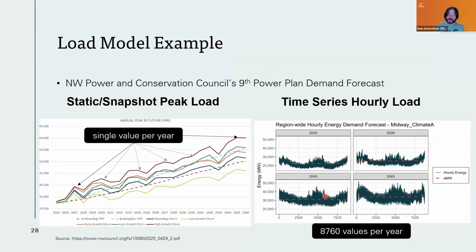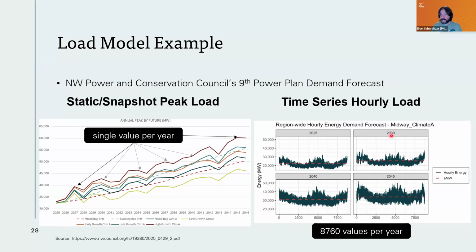So let's start to look at a few different examples. Here we have load models. This is an example from the Northwest Power and Conservation Council's 9th power plan of demand forecast. And you see that we have two different types of data here. On the one hand, we have a static or snapshot peak load. So at each year, there's a single value given for that year. Now, there's a little bit of probabilistic here through various scenarios as well.